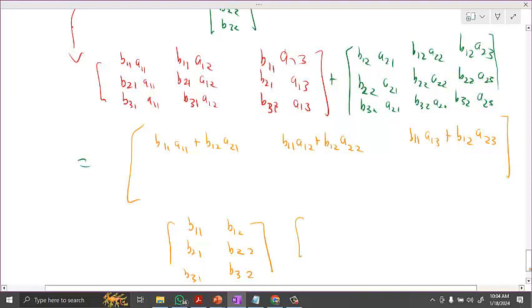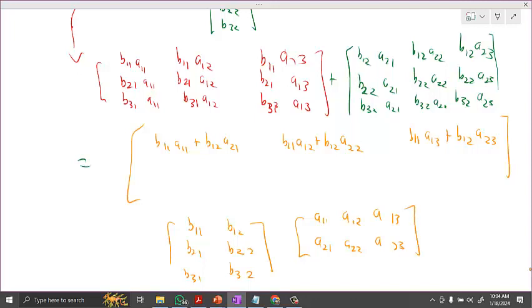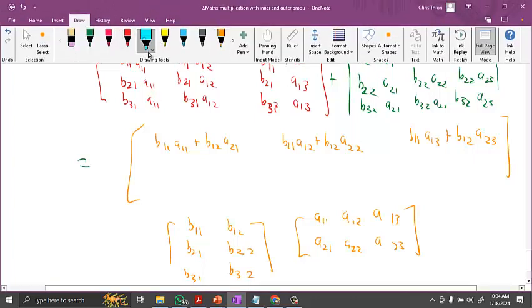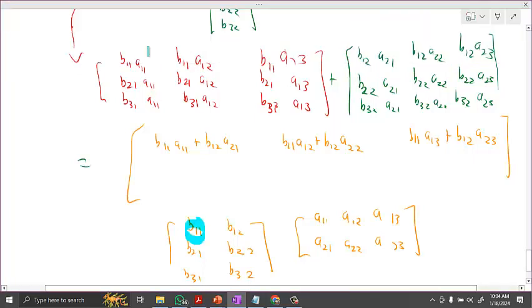Okay, and then I multiply that by A11, A21, A12, A22, I guess it's this way. No, that's right. A13, A23. And I multiply these together. The first entry of this product is going to be B11A11 plus B12A21. And that's exactly the same as this entry.